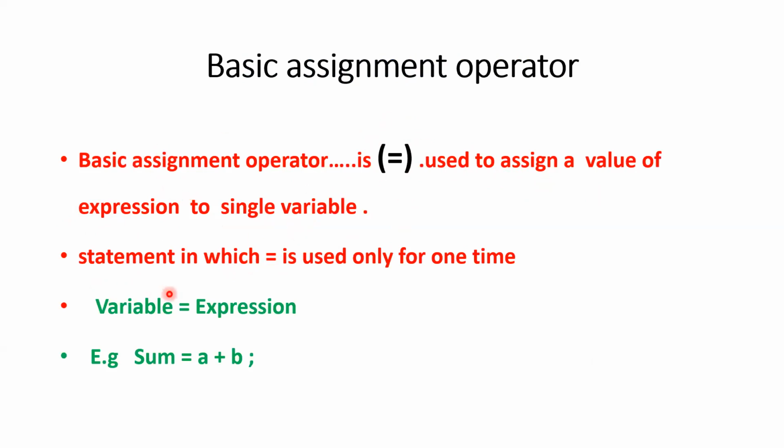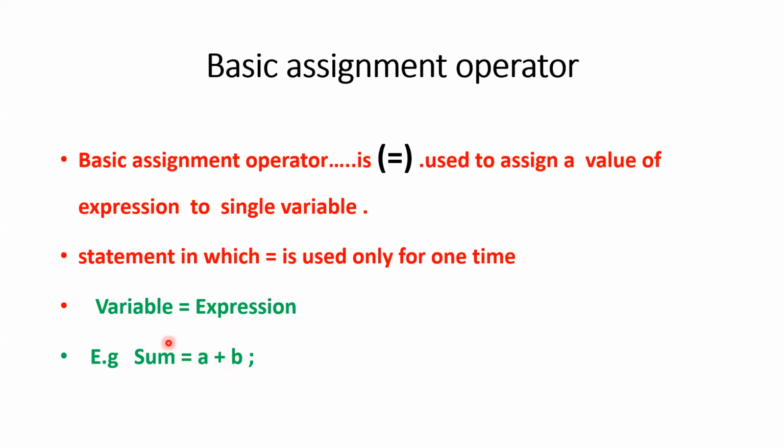In this statement the equal to sign is used only one time. The syntax is variable is equal to expression. Example, variable sum and the expression is a plus b.